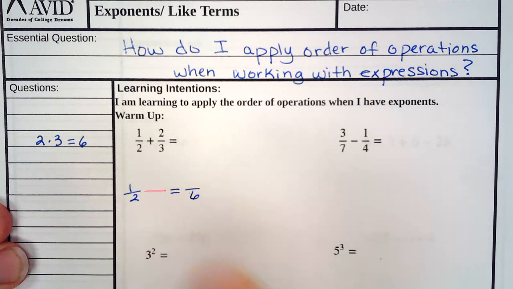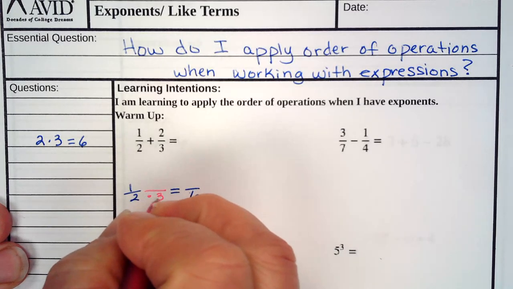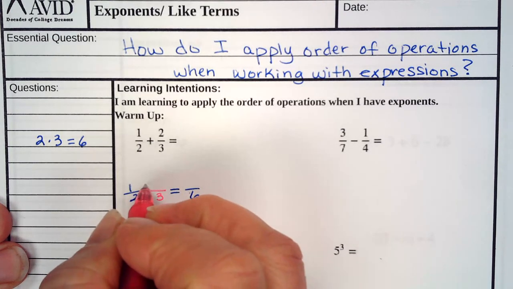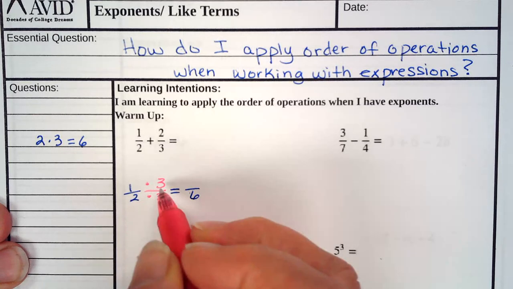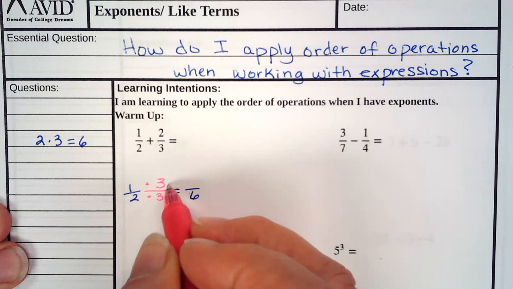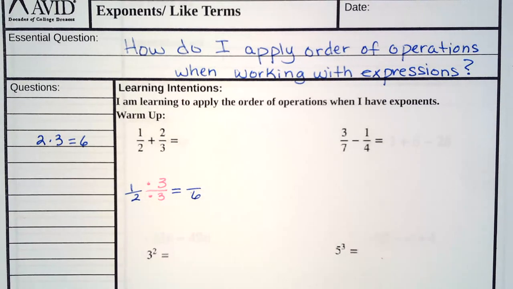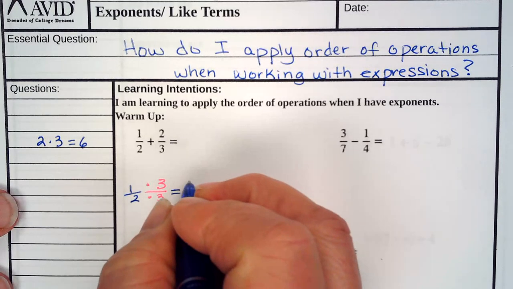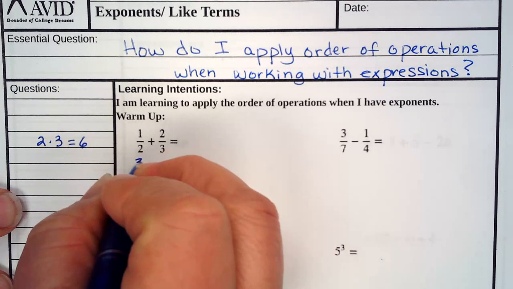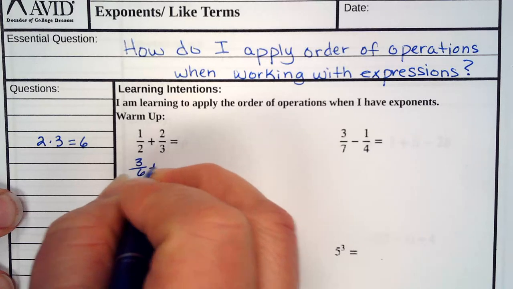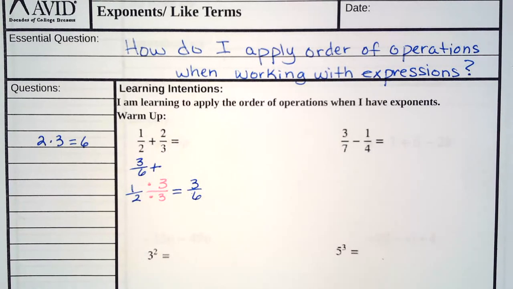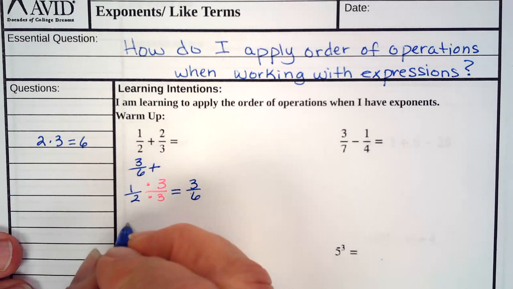2 times what gives me 6? That's times 3. I multiplied by 3 there, so I've got to multiply by 3 up here, so I've got that 3 divided by 3, which is 1. 1 times 3 is 3. Okay, now we're looking at 2 over 3.